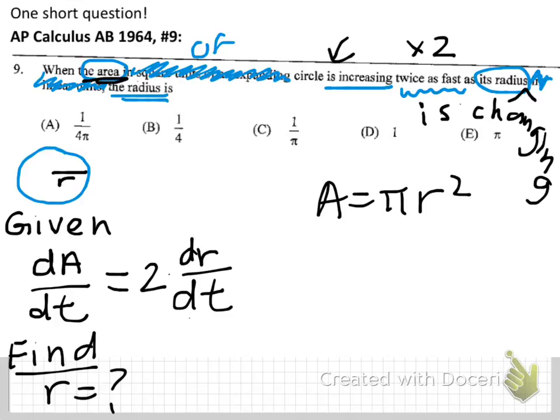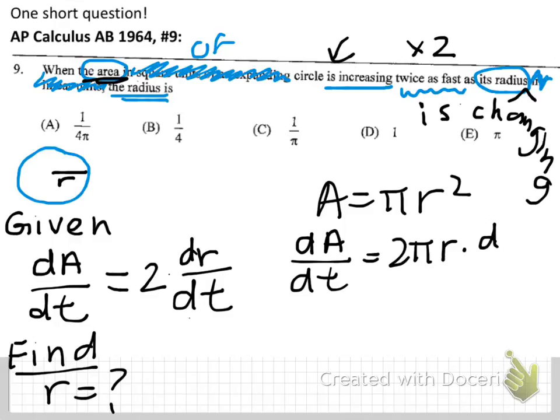And when you're dealing with shapes, usually you're going to write the most obvious equation. Related rates are usually not too complicated. So we have A equals pi r squared, and I'm going to take the derivative. dA over dt equals 2 pi r times dr over dt.